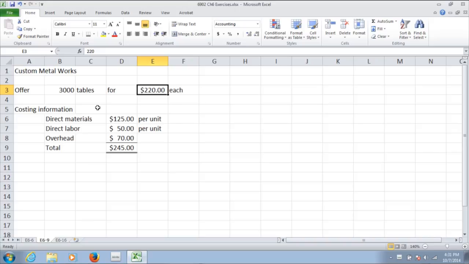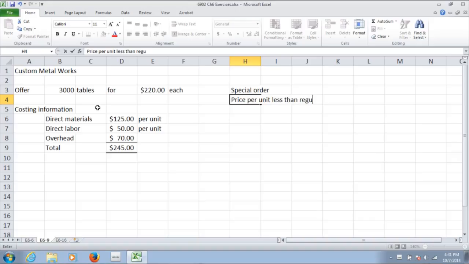In the case of a special order, generally speaking, we have a price per unit that is less than the regular price.